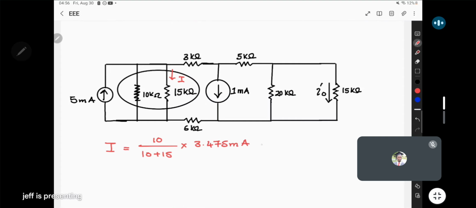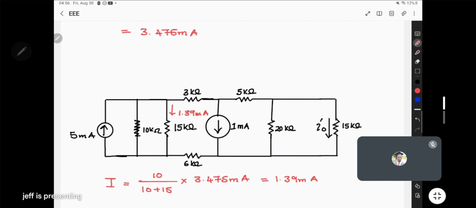So here we get 1.39 milliamps. So this becomes 1.39 milliamps.